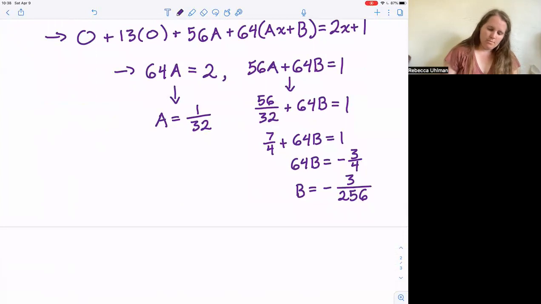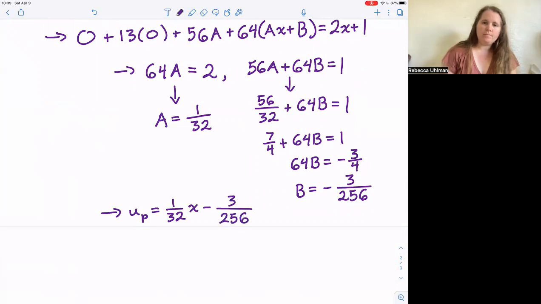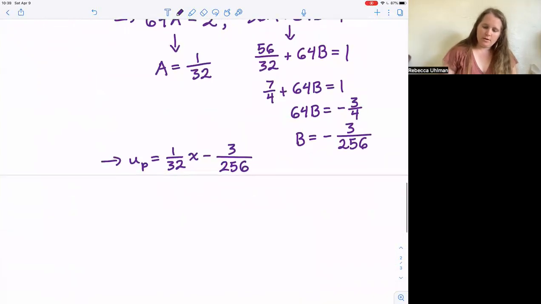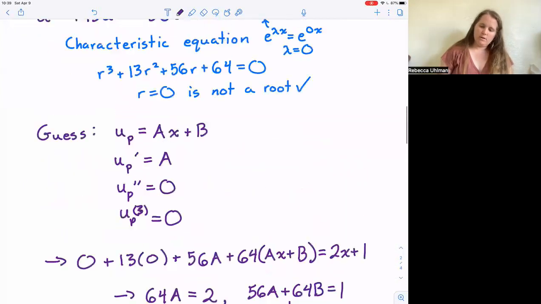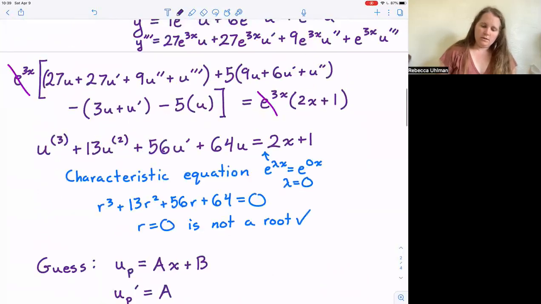So we get our u_p is 1 over 32 times x minus 3 over 256. So our y_p, well, it should just be u_p times e to the 3x, right?